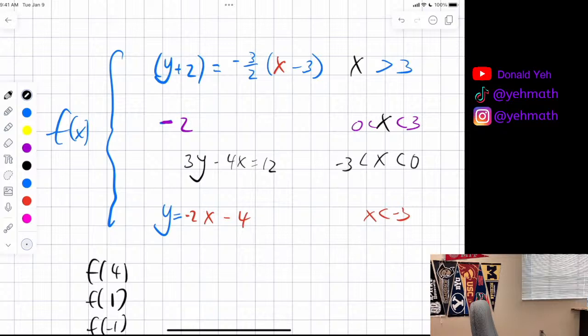It can't be on -2. So it can be everything in between.